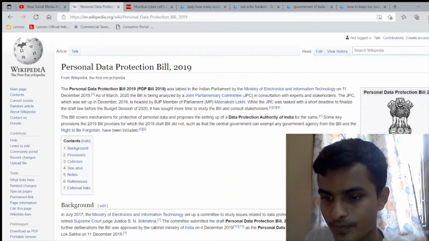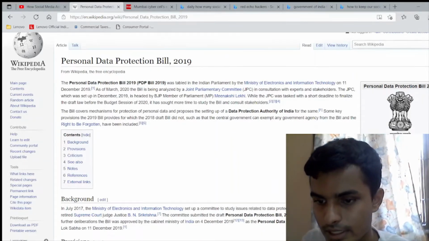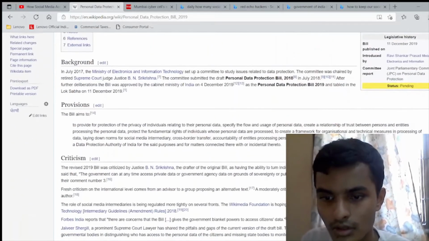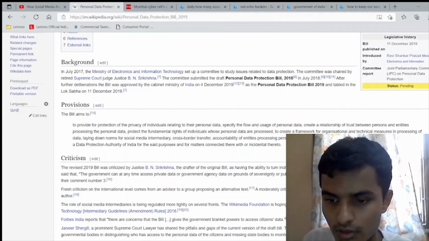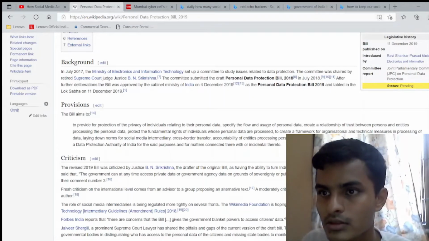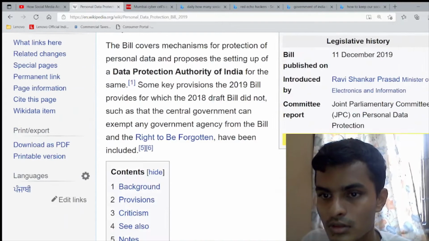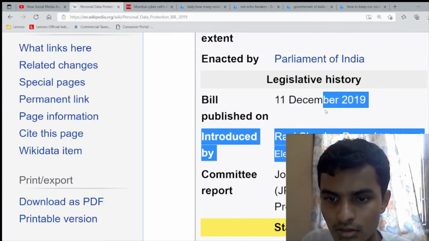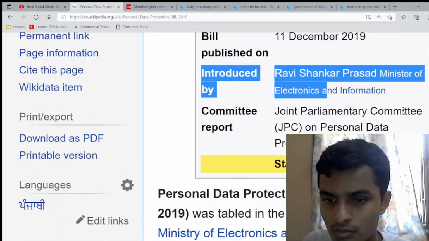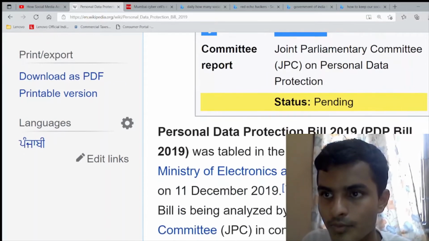If you see here, I'll zoom it. I'll zoom it more.